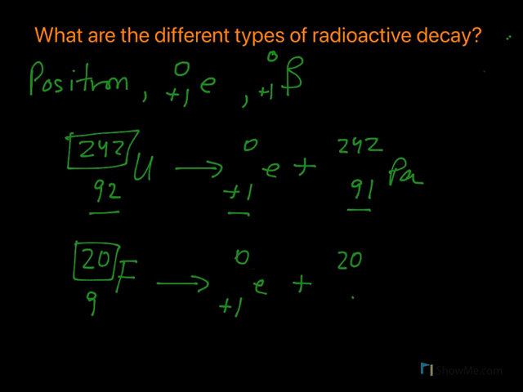And this has to be 8. 8 plus 1 is equal to 9. So the element with an atomic number of 8 is oxygen. So the products when fluorine-20 goes through a positron decay are a positron particle and oxygen-20.